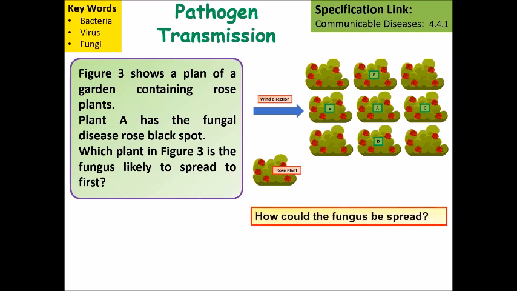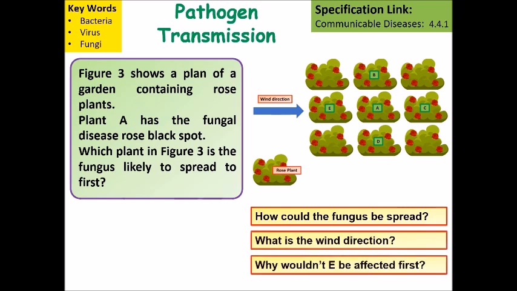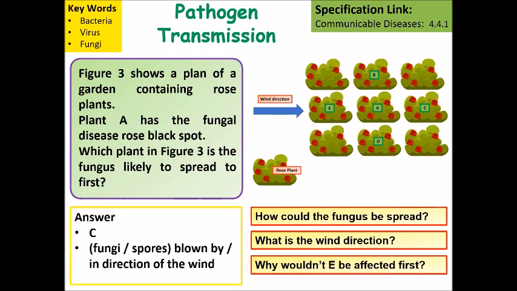Things for you to think about are how the fungus is being spread, the direction of the wind, and why wouldn't E be affected first. Pause the video, have a go at answering it, and then check out the answer. The answer would be C, because the fungal spores are blown in that direction by the wind.